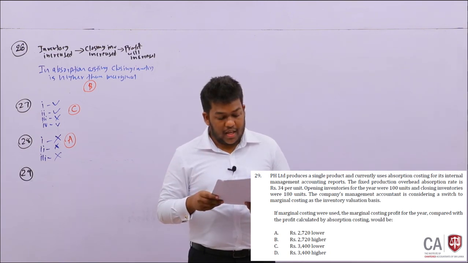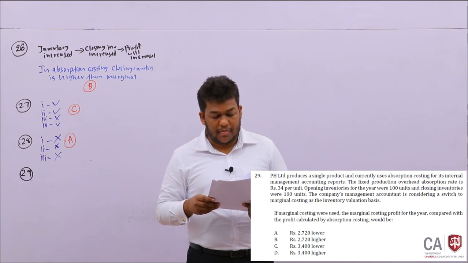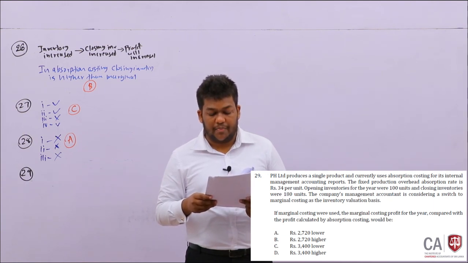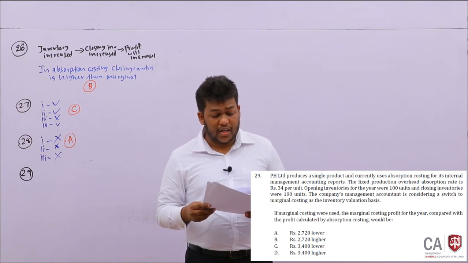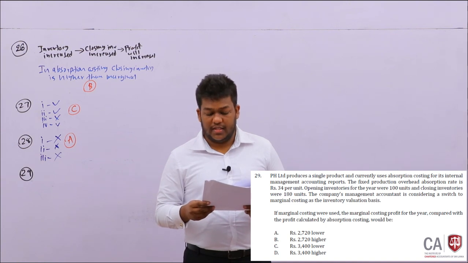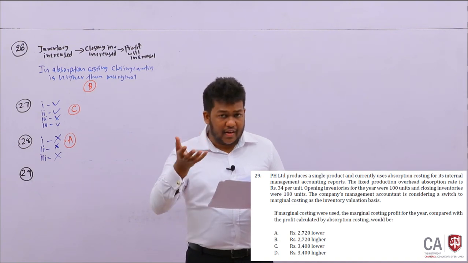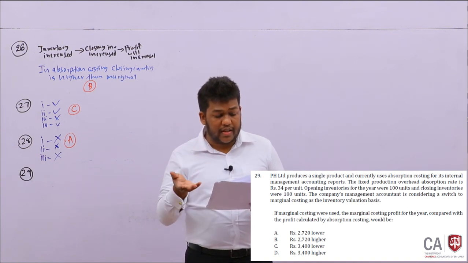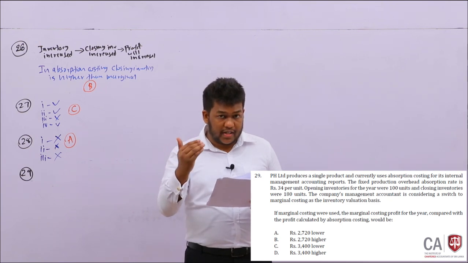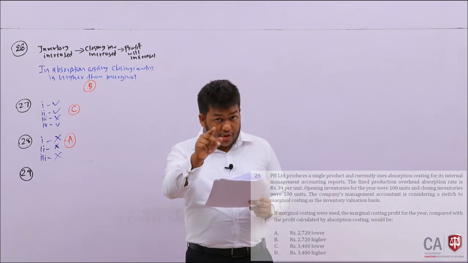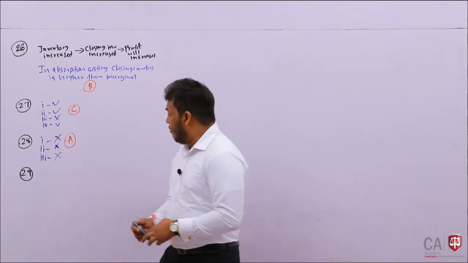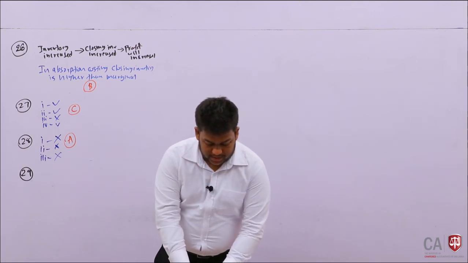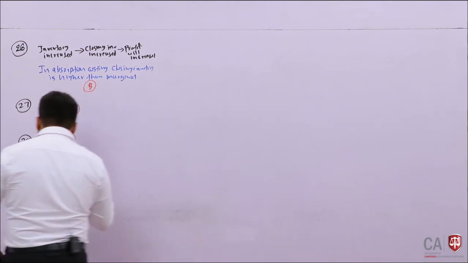Don't worry. If marginal costing were used, the marginal costing profit for the year compared with the profit calculated by absorption costing would be... If marginal costing were used, when the closing inventory is higher, what will happen? Marginal costing profit will be lower. You know that, I have explained. Right. So we will have to calculate the inventory difference.